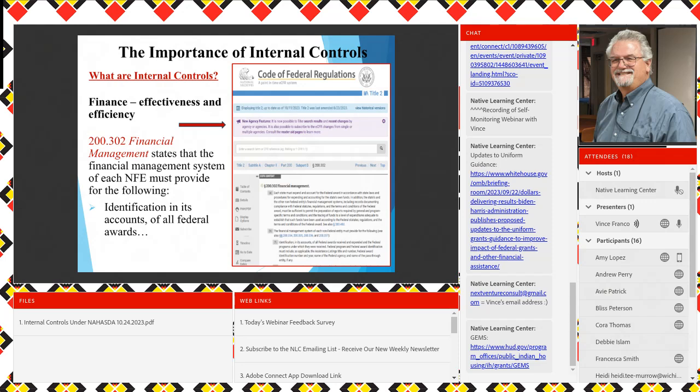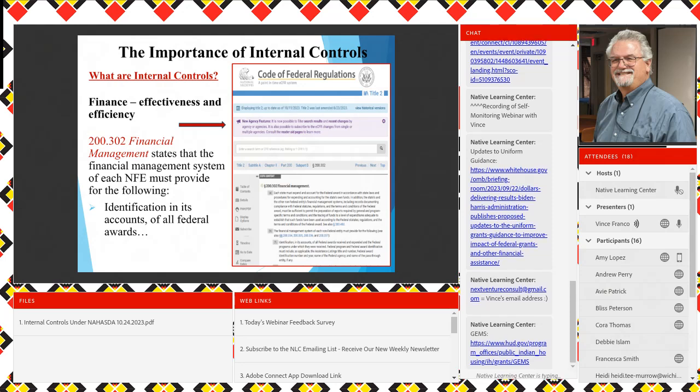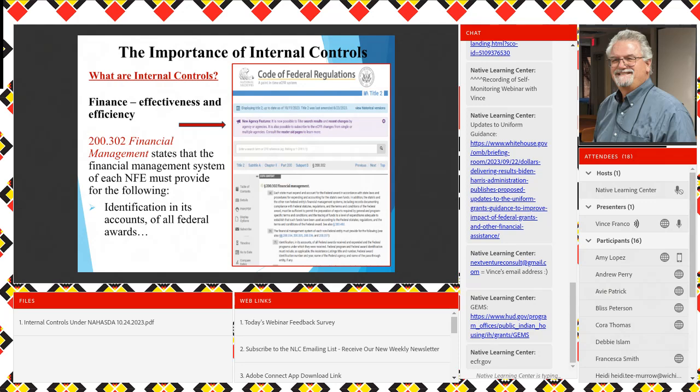I usually go to a website called eCFR, E as in electronic, ecfr.gov, to get a more user-friendly, readable version of the uniform guidance, of all the federal regulations, including the uniform guidance.